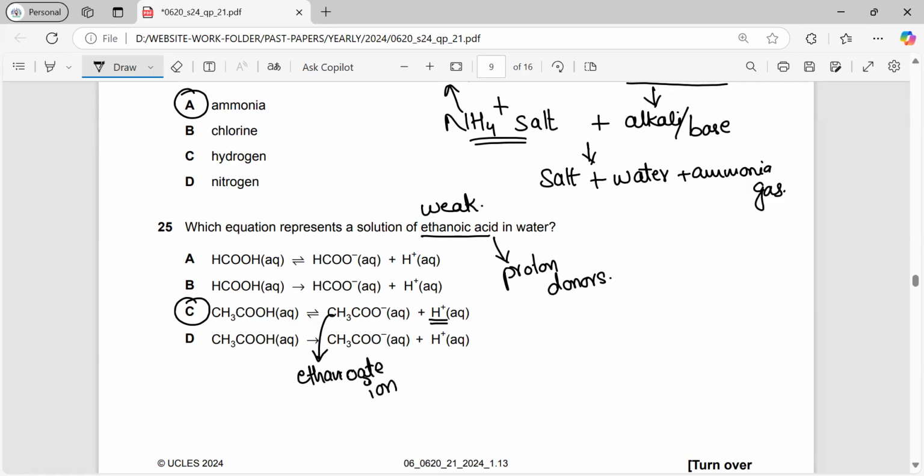And the dissociation of weak acids is always reversible. So you have to choose the option in which the reversible sign is there, because weak acid ionization is always reversible.